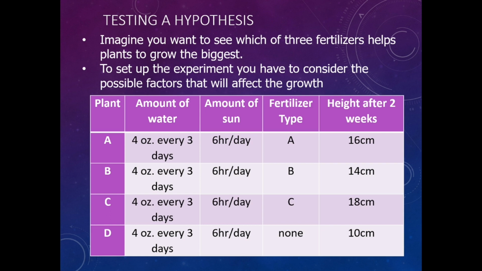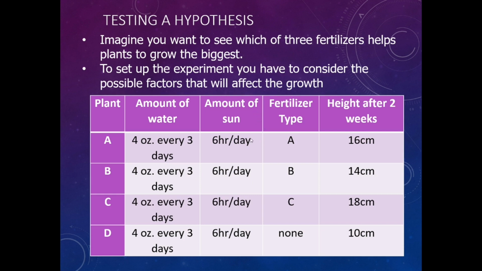So right now we're just going to analyze this graph. Let's say we've done the experiment, we've prepped it, and we have four different plants labeled A, B, C, and D. The amount of water that we are giving them is the same. You might notice that it's the same in every single box here, 4 ounces every 3 days, and that's true for every single plant.